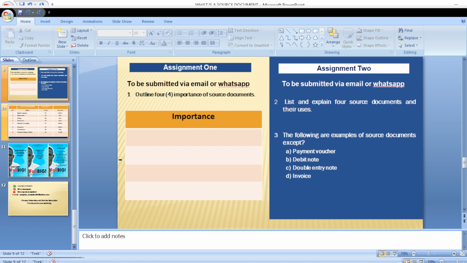It will be nice if in listing and explaining the source documents, you don't give me exactly what I've given you in the course, so you can research on other source documents that may not be in the course. Then lastly, the following are examples of source documents except, which one of these is not a source document. So that will be your assignment at the end of the day.